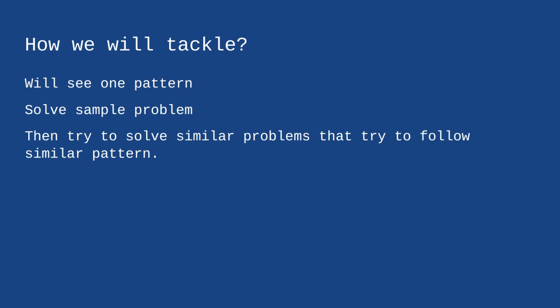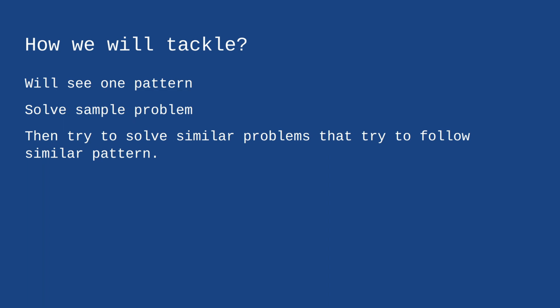But how will we tackle this differently on this channel? We will see one pattern, we will solve some sample problem for that pattern, and then we will solve similar problems that follow a similar pattern. Please pay attention to the word similar. When we solve a problem for a given pattern, we make some modifications in that pattern and then we can solve the other problems.